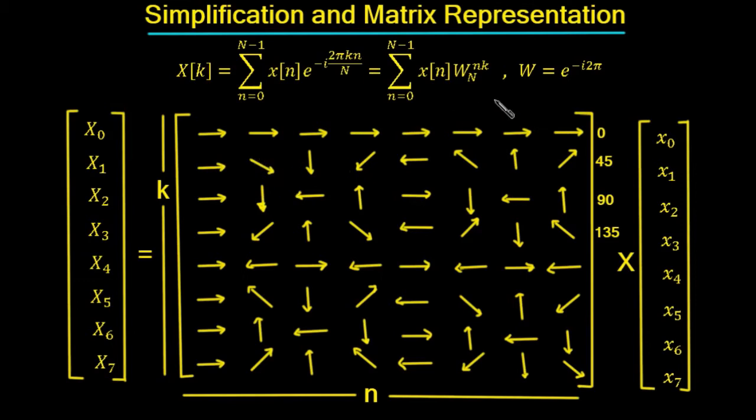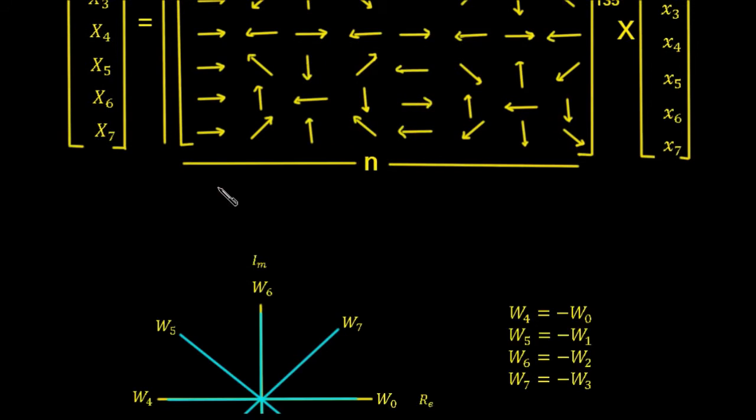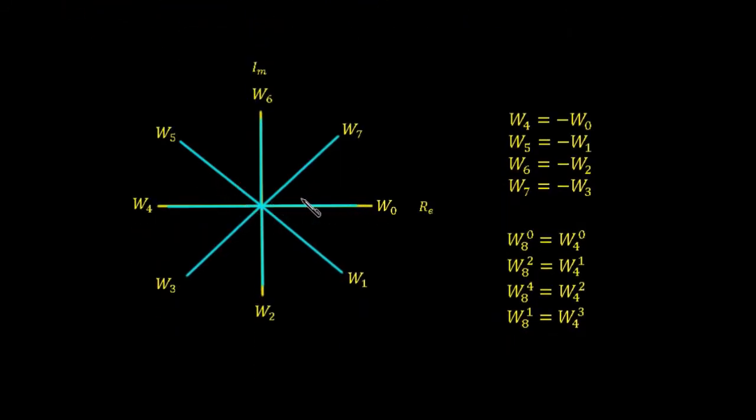Now the thing to note here, it's actually e to the minus i 2 pi, so it's actually going in the clockwise direction. So we're going to be starting off at this point here, and we'll be working round our circle in a clockwise direction.